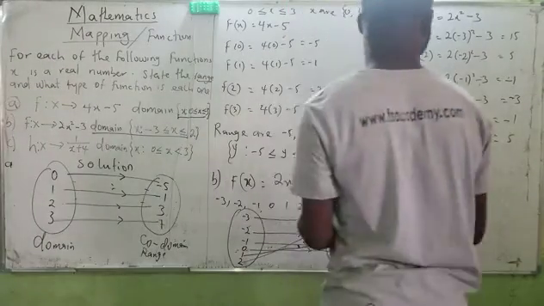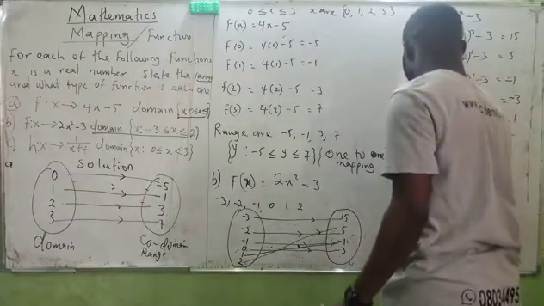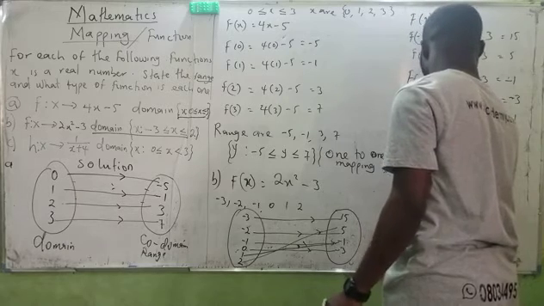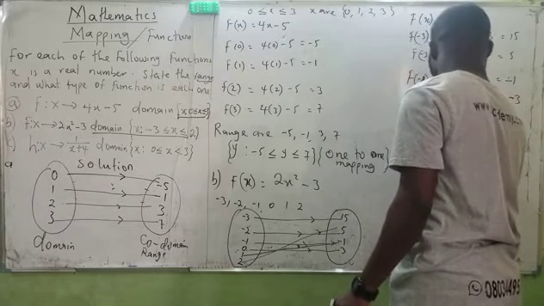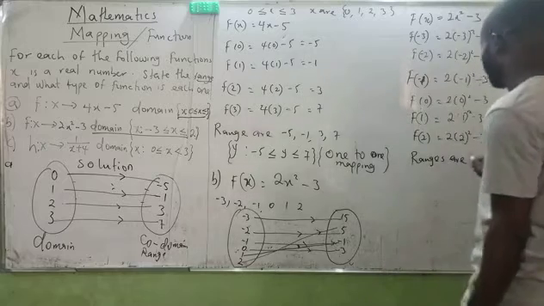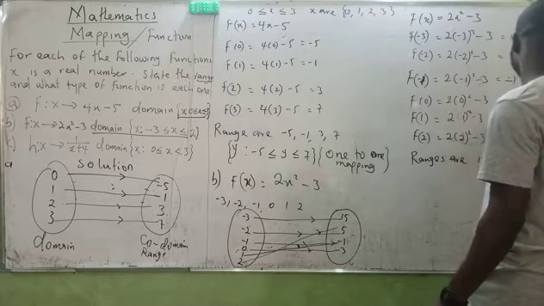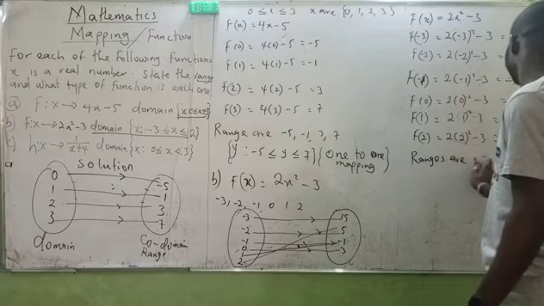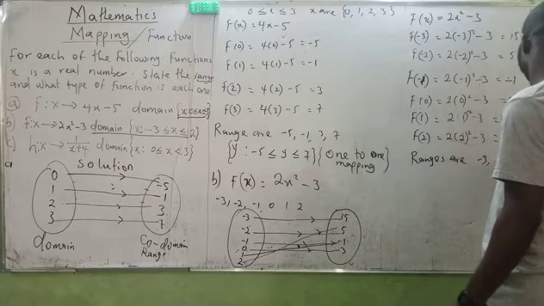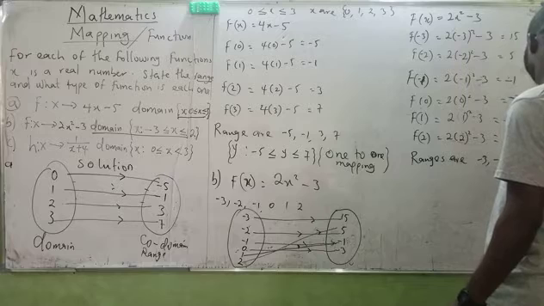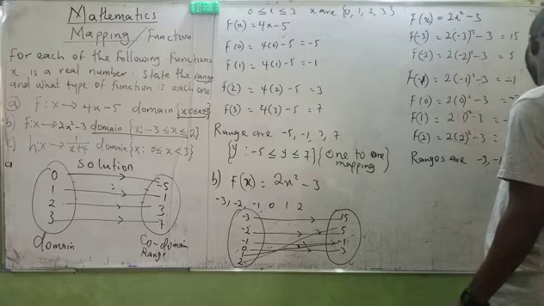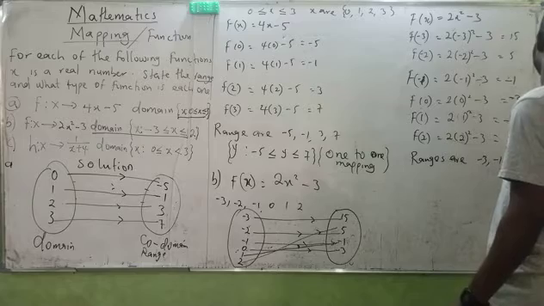Now can you see that I can answer, what is my range? The range is -3, -1, 5, 15. If I were you, I would start from the smallest. The list is -3, -1, 5, 15.